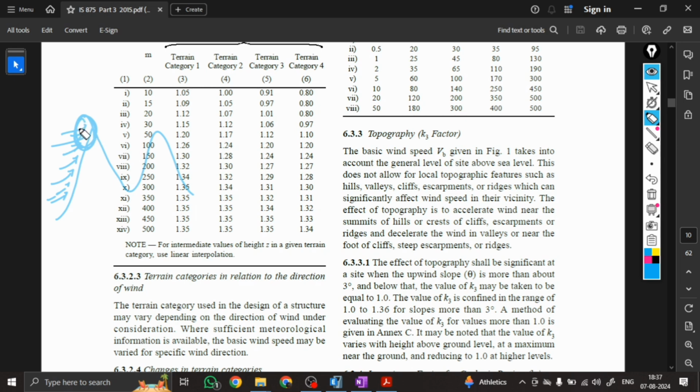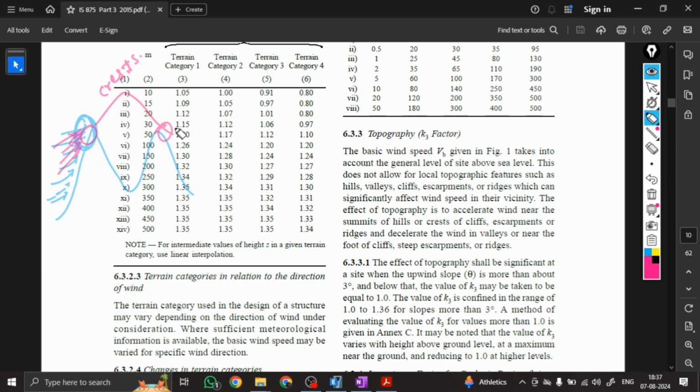This area at the top of the hill we call the crest. At crest level it accelerates the wind speed.